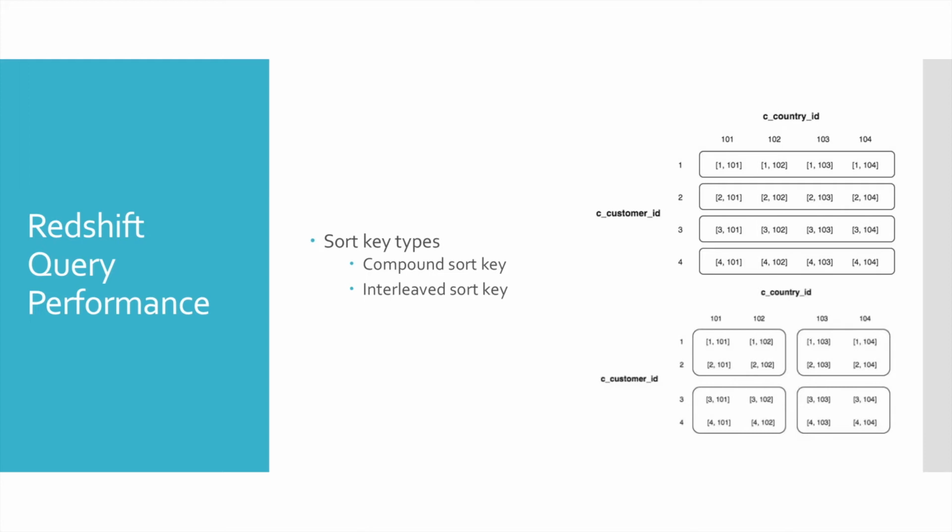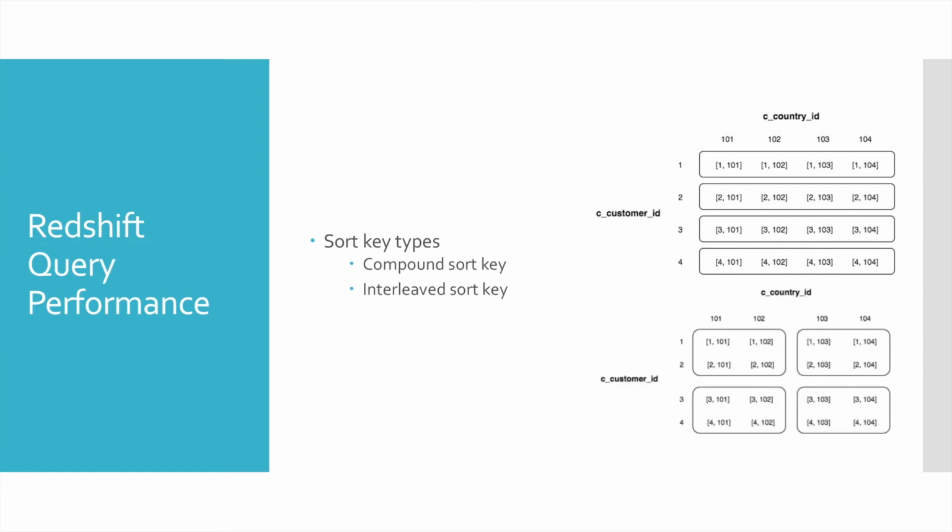For the compound sort key, we can see the upper right picture. If those two keys are queried one and then the other, we can use this compound sort key.